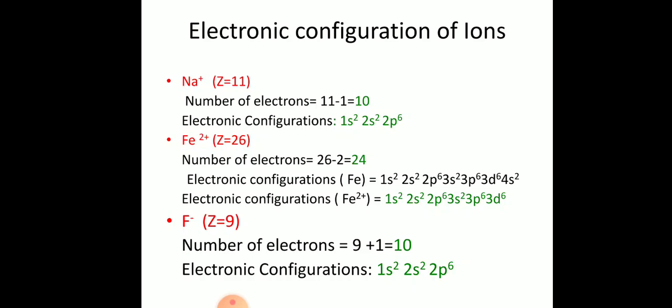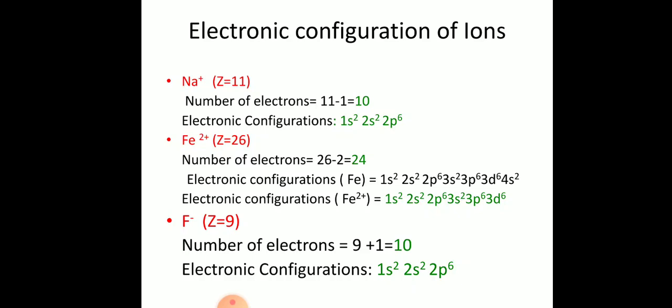Similarly for Fe2 plus, having atomic number 26, since we have two positive charges, we subtract these two electrons from the atomic number to get the total number of electrons. So 26 minus 2 gives 24. Now for iron, we have written the electronic configuration as 1s2 2s2 2p6 3s2 3p6 3d6 4s2, and some of you have also written 4s2 first, then 3d6.